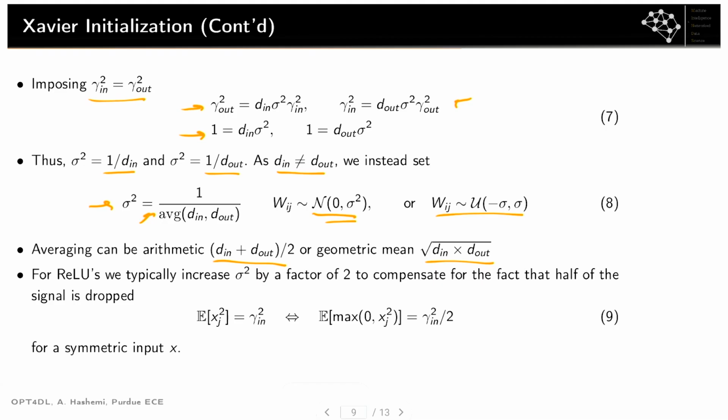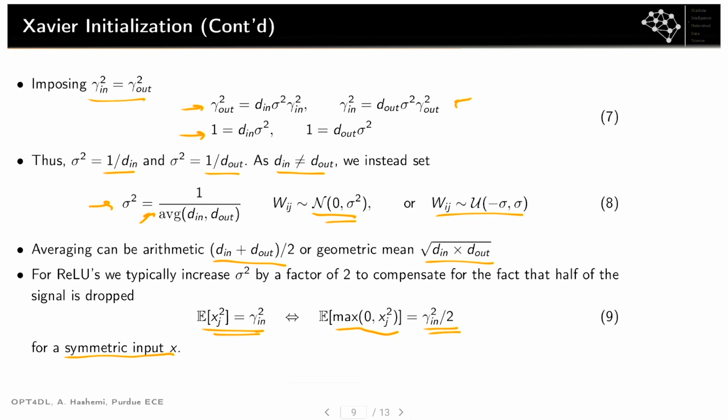Essentially, the idea is that, let's say I have a symmetric input x. Think of it like a random variable, let's say a normal random variable which is symmetric around 0, or a uniform random variable or a binary random variable. If the variance of this random variable is, again, gamma in square, as a result of feeding it to ReLU, the strength is going to drop.